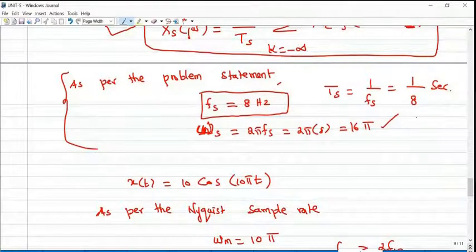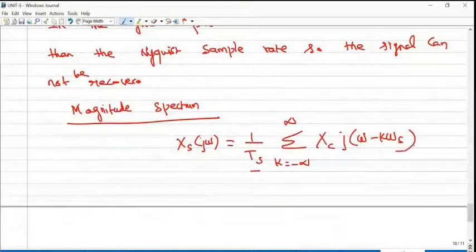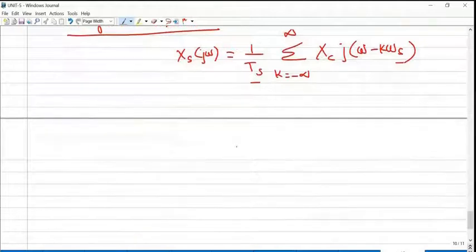Now can we apply all the X c of j omega, Ts, and omega s values in the formula?